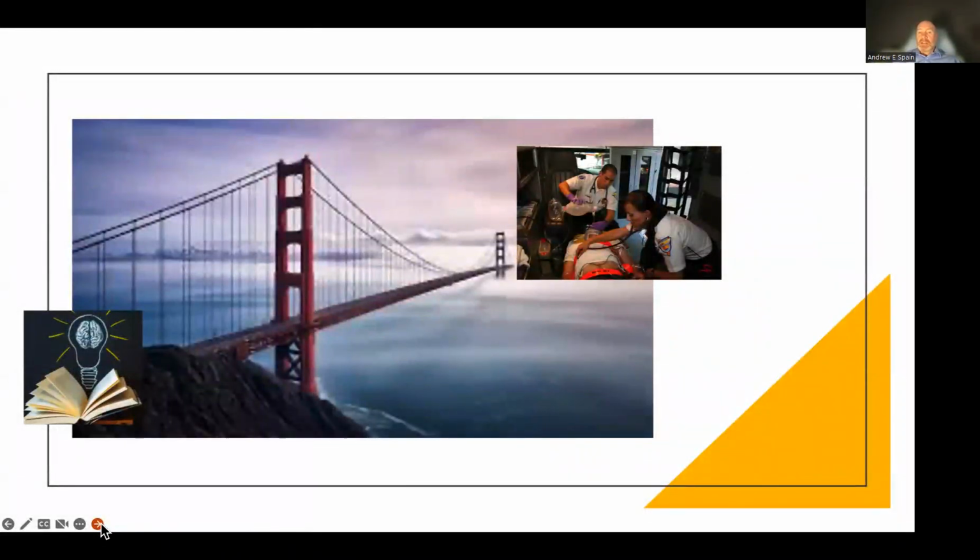I personally see simulation as a tremendous means to bridge the gap between the book and the street.